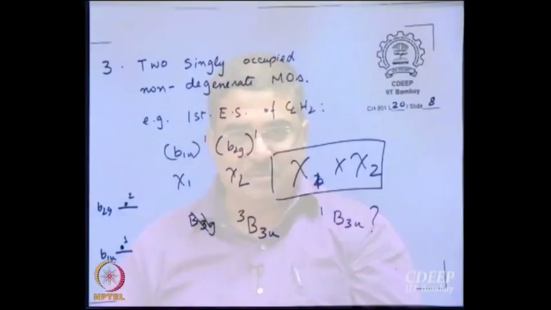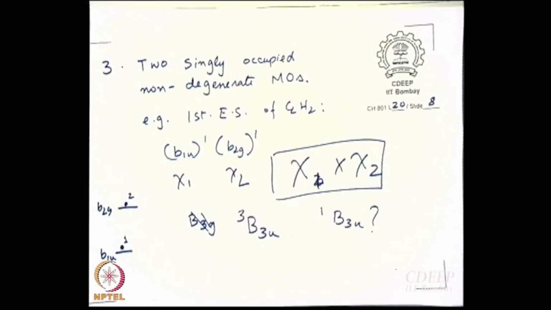Well, let us try to write the wave functions. We write in terms of coordinates of the two electrons. In other words, we give names to electrons. I call it electron number 1, call it electron number 2.